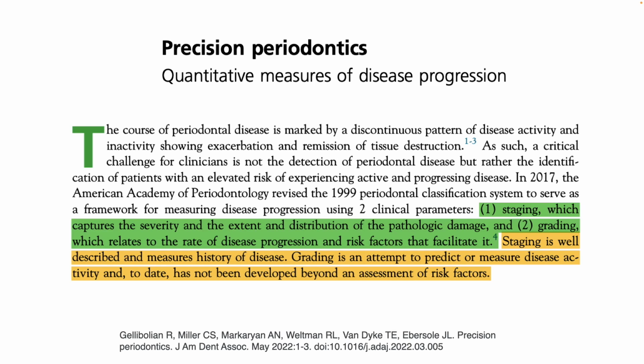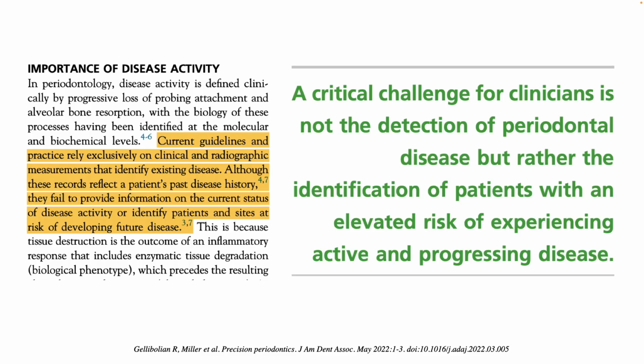And grading is very, very difficult to predict, and as such we haven't been able to develop anything more than risk factors. So the critical challenge for clinicians is to try and identify the patients that have that elevated risk and the ones that are going to progress on to more advanced disease.